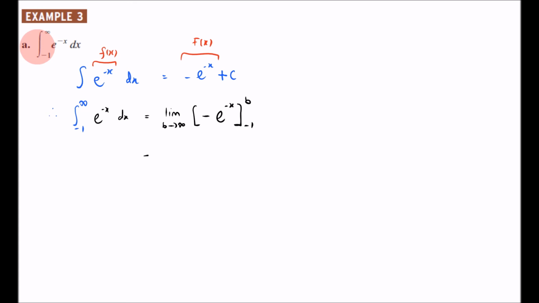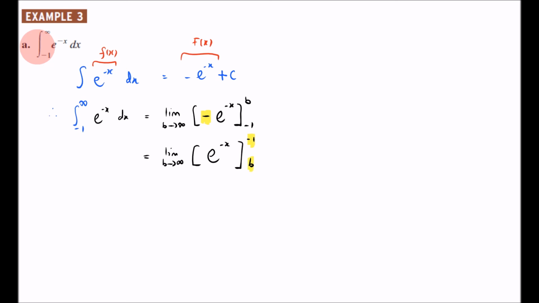Now if you take away the negative sign, you just swap the limits. That's one way of doing it.